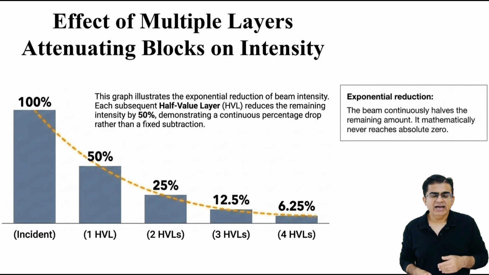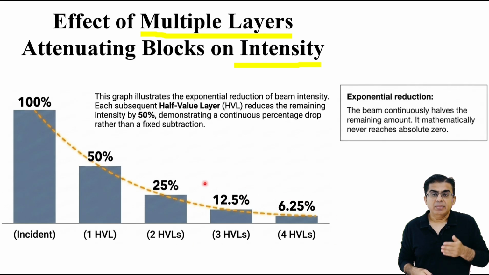Let us see what actually happens mathematically inside the patient. Please look at this graph. This graph shows the true concept of exponential reduction due to multiple layers of attenuating blocks.